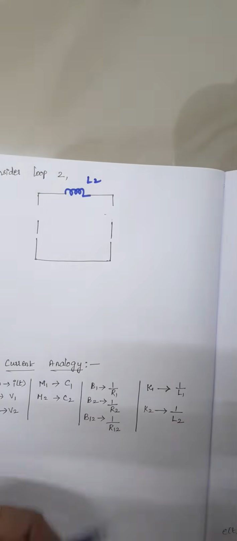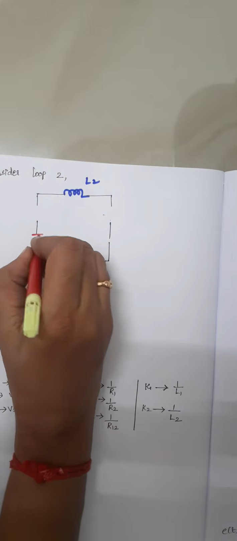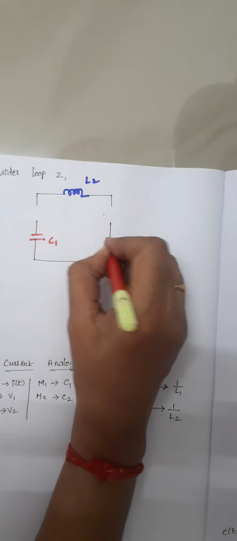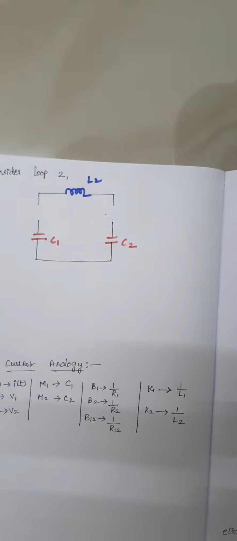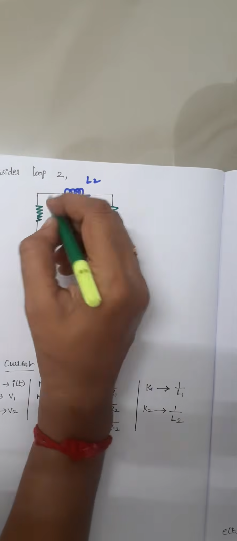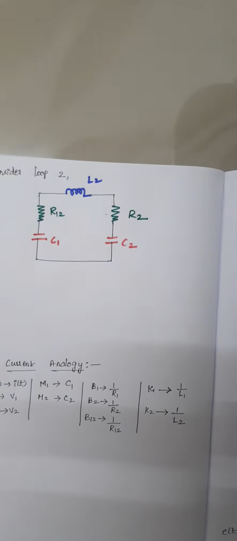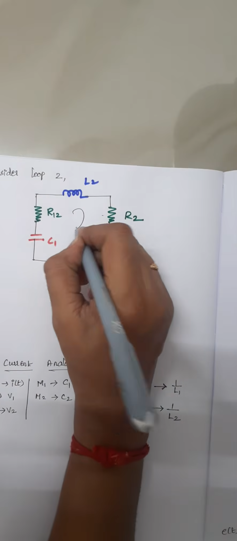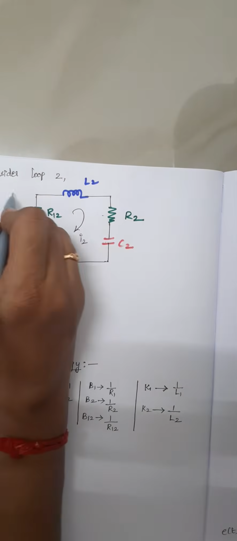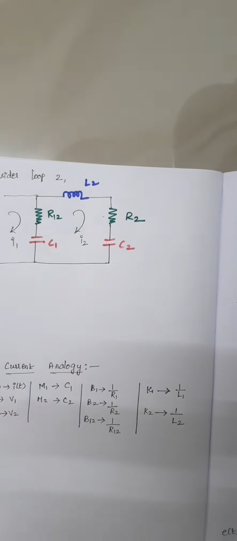So this is your L2. Okay, this is our loop 2 and I2 is the current flowing through it, and here current I1 flows.